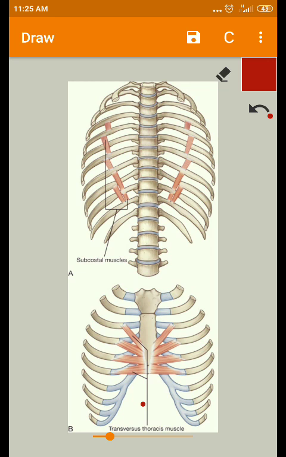Though the levator costorum is a paravertebral muscle, it has some importance in the process of respiration, and this muscle is also attached to the ribs, so they have considered it in this chapter. Okay, we will see the levator costorum in the next video. Thank you.